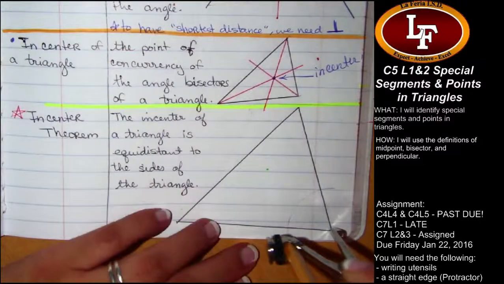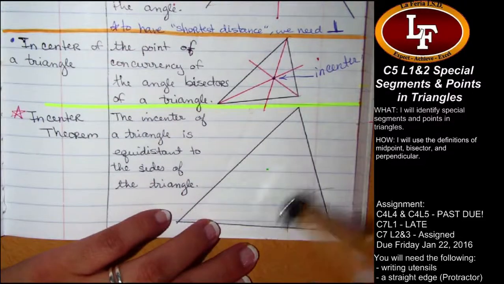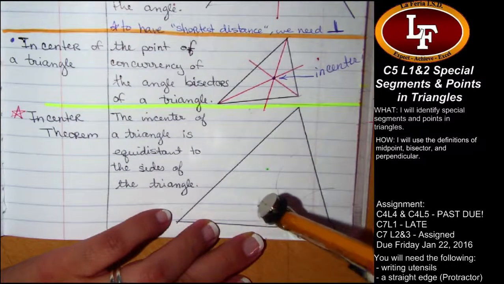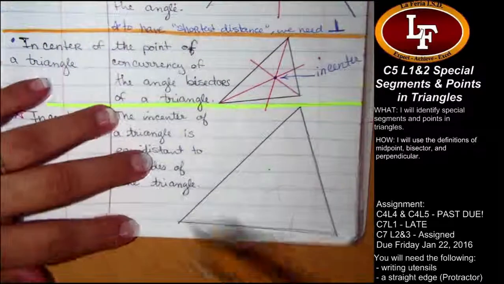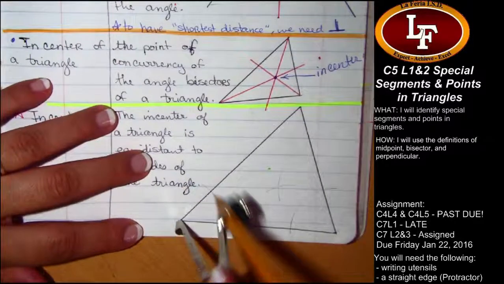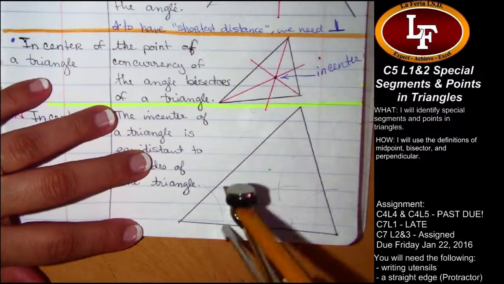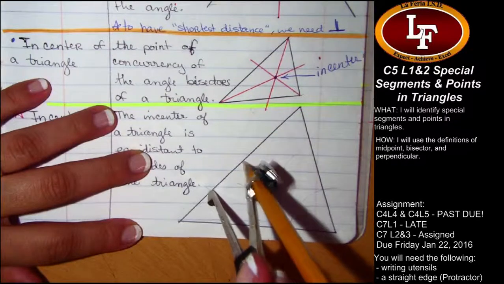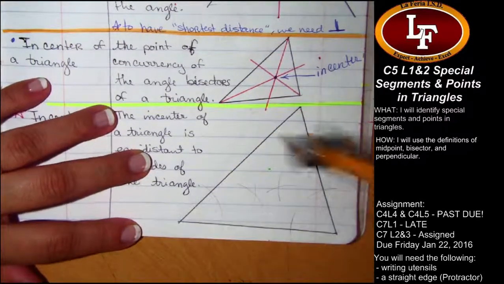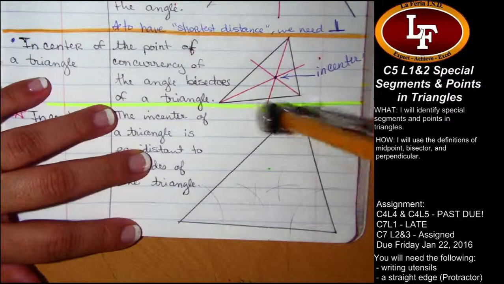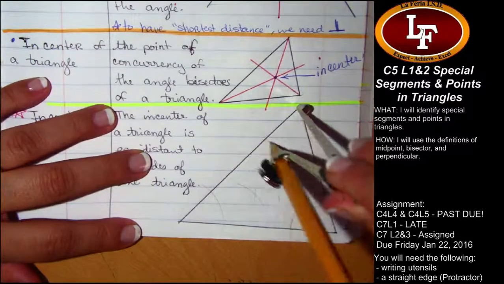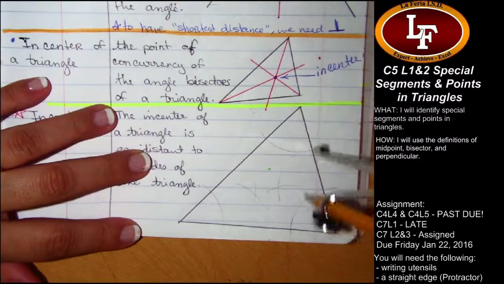Whoops. You guys kind of remember doing this if you're wanting to. Yeah. I'm just going to mark all 3 of them real quick while I have the tool out. I'm not even changing the radius each time.